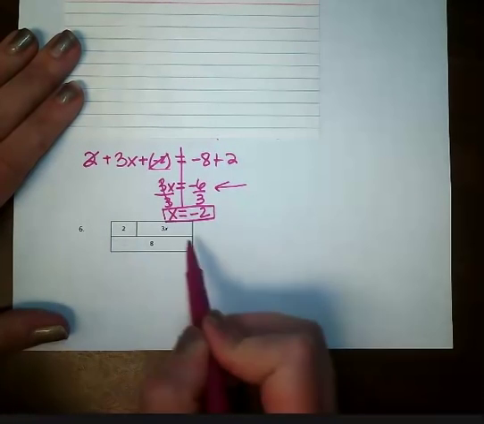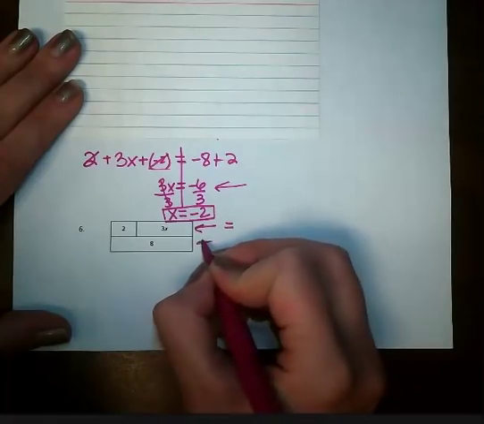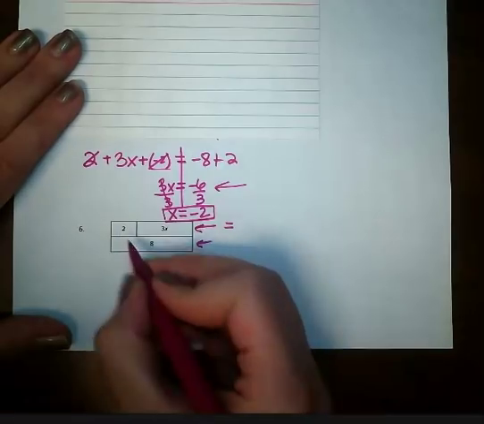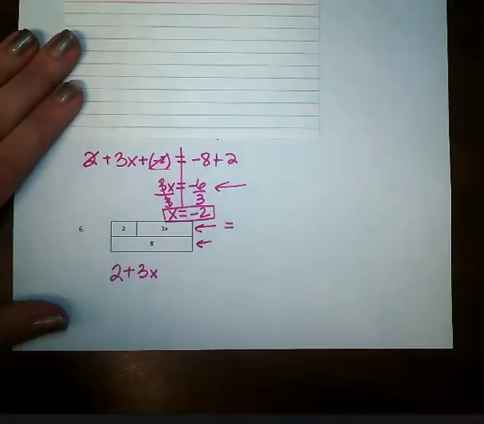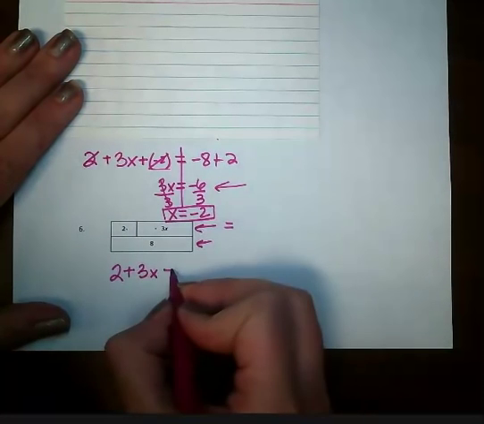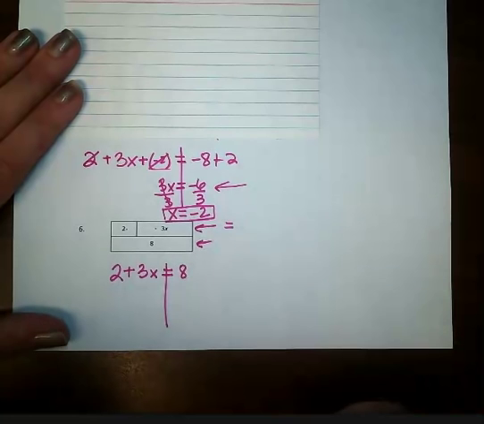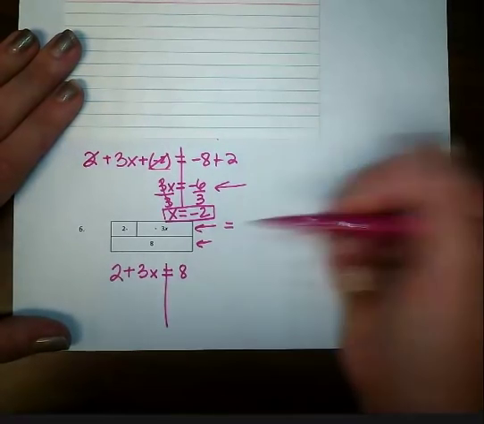Number 6 is also a model. It's basically saying that this part is equal to this part because they're the same size. We did look at one of those in class. So this says that 2 and 3x is the same size as 8. So this one looks really similar to the one above it, and that was not done on purpose, but it does look very similar.